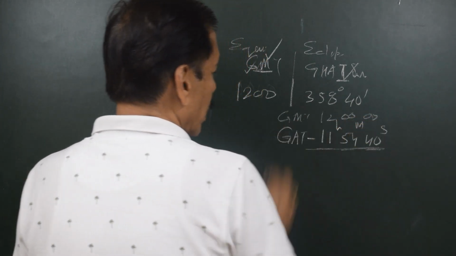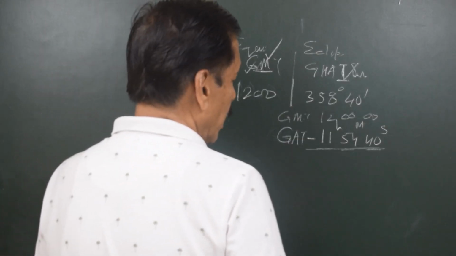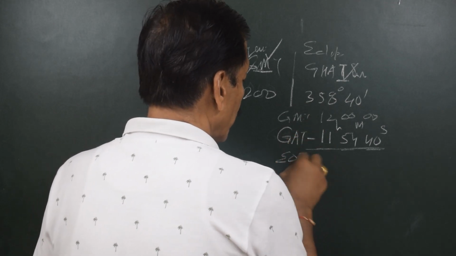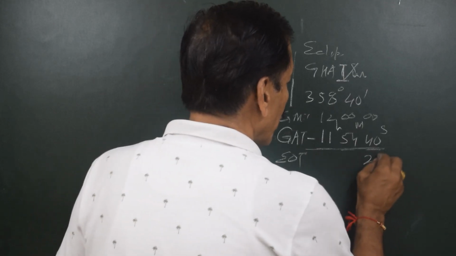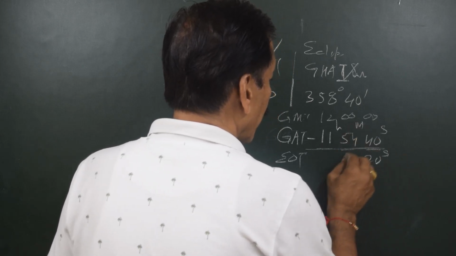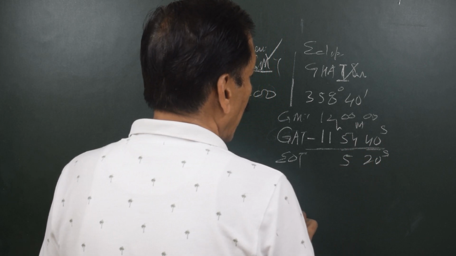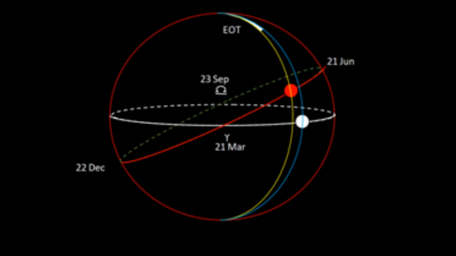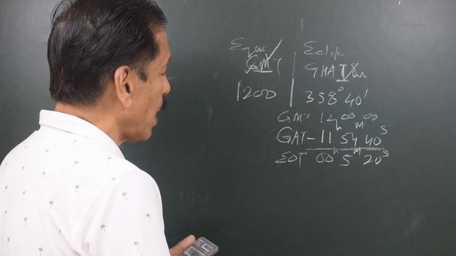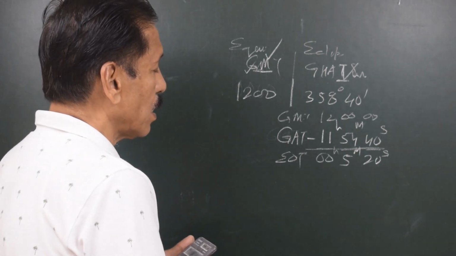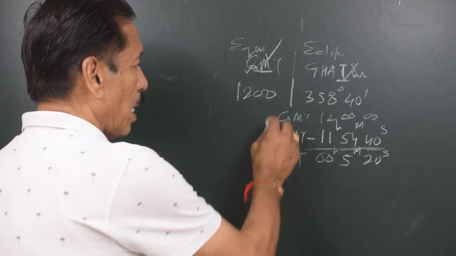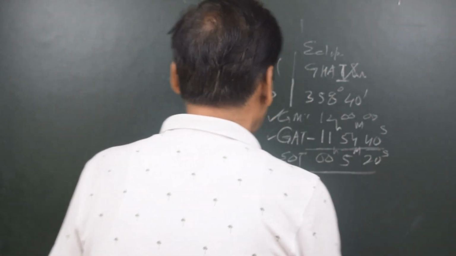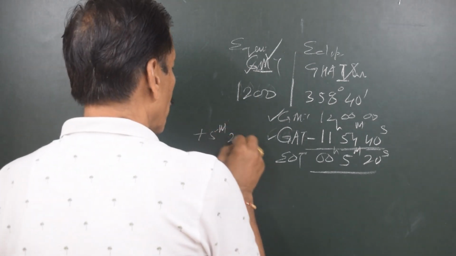So when I subtract GAT from GMT, GMT minus GAT gives you the equation of time with the sign. So it becomes 5 minutes and 20 seconds. Now in this particular example, you see that the mean sun is leading in a westerly journey. Mean sun is leading over true sun. So by the convention, the equation of time becomes plus 5 minutes 20 seconds.